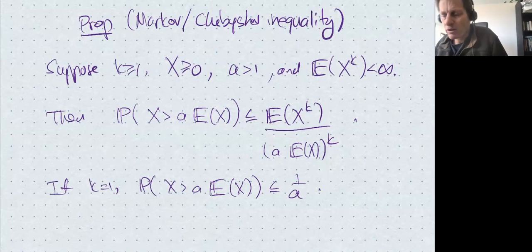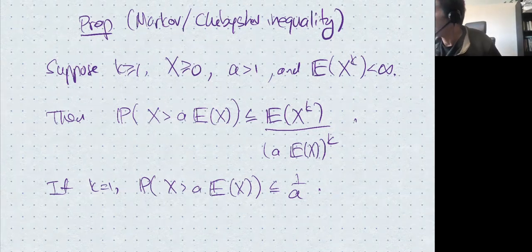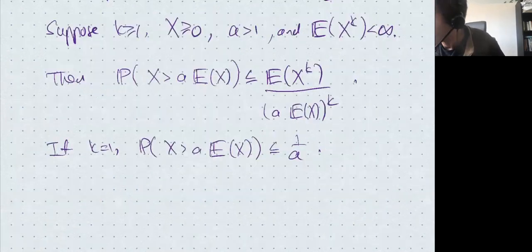But even if k is not equal to 1, in many applications the numerator, expectation of x to the k, and this term, expectation of x quantity to the k, are close to each other, and then the quotient becomes 1 over a to the k. So the bigger k is, in other words, the bigger the k for which you have such an estimate, the better the statement from the proposition. Okay, let's prove this. It's a very short proof.